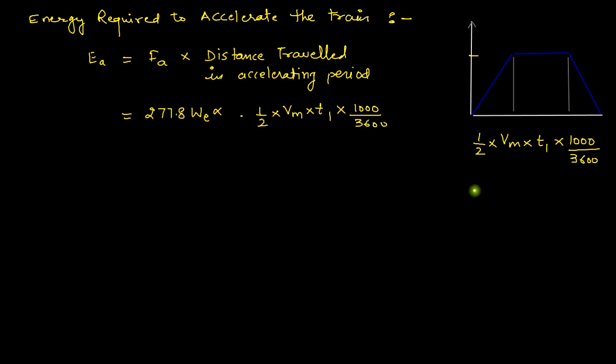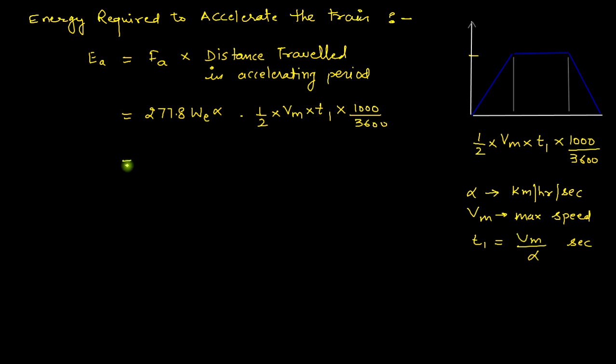We also know, if alpha is the acceleration mentioned in kilometer per hour per second and Vm is the maximum speed during the accelerating period, then T1 can also be defined as Vm divided by alpha, and this will be in seconds. So I can substitute this T1 in this expression with Vm by alpha.